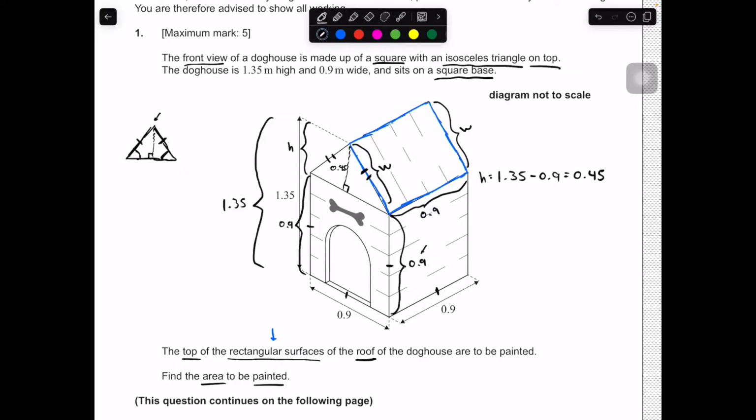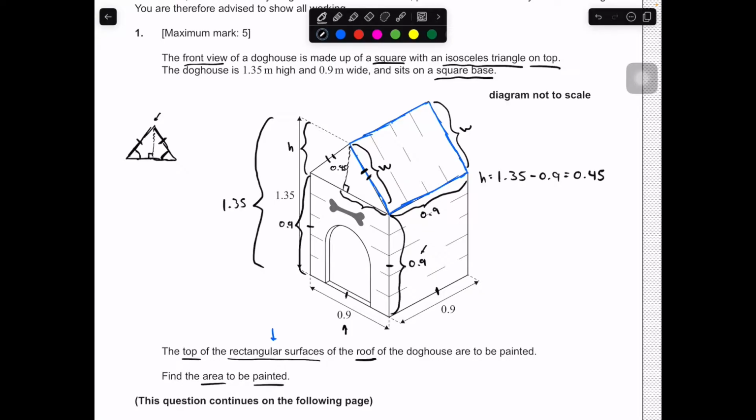Let's go ahead and find this side length right here. And if we do, then we can apply our Pythagorean theorem, because we have two side lengths in a right angle triangle. This one isn't too bad. We know this whole base is 0.9.